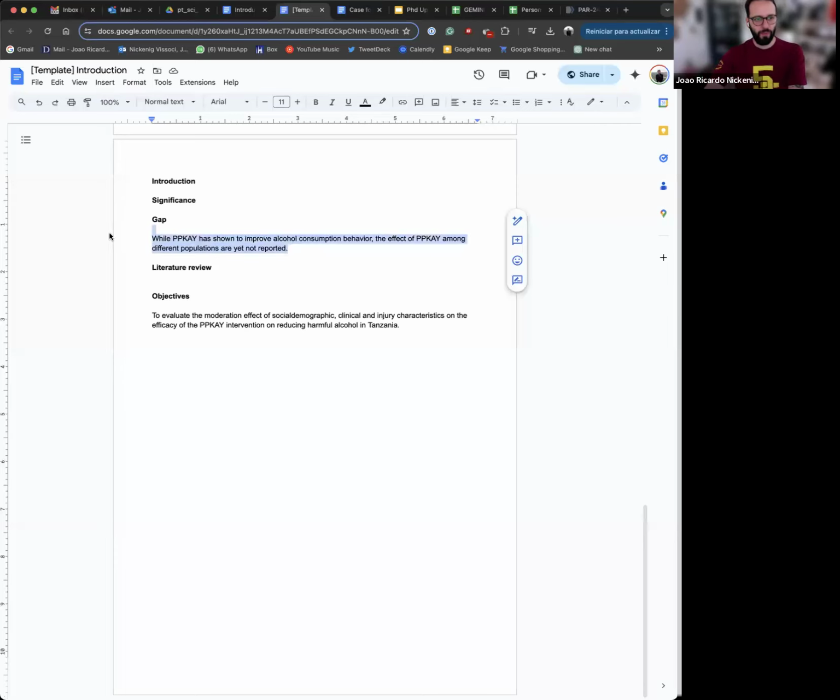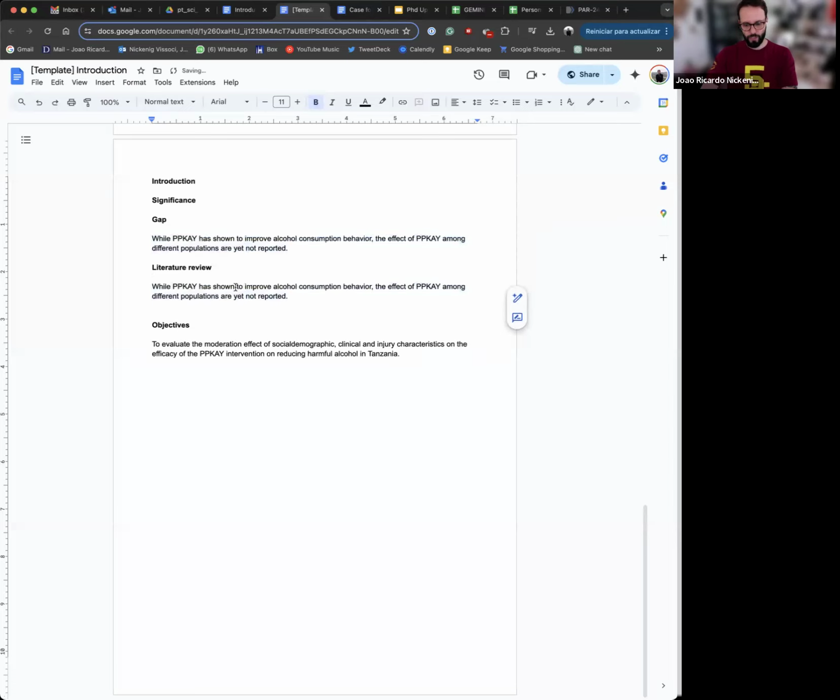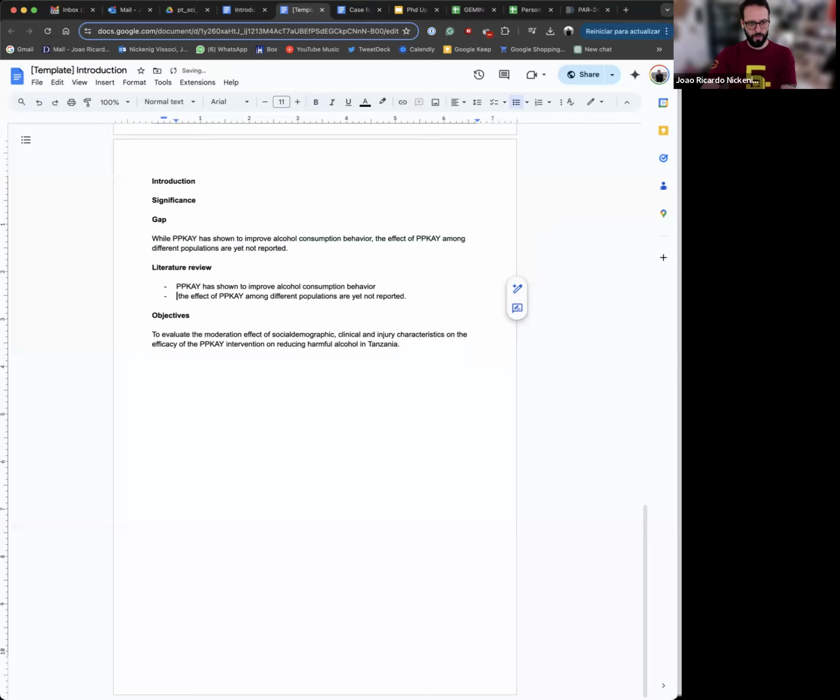But then this brings me back to what am I going to have to talk about to justify this? So again, I'm going to get my gap and put it in the literature review. And now I'm going to break this down into key constructs that I have to talk about in the literature review to support the gap. The first key concept is that PPK has shown to improve alcohol use behavior, so I have to make a literature review about this. The second key part is that the effect of PPK could be different among different populations.